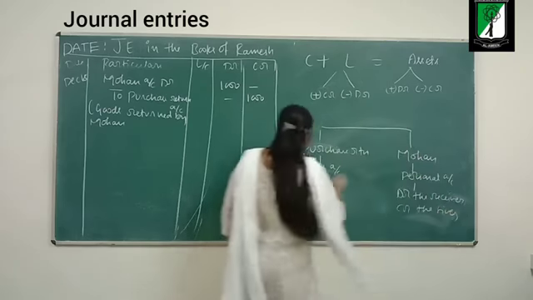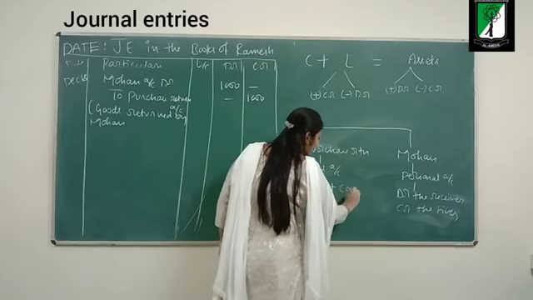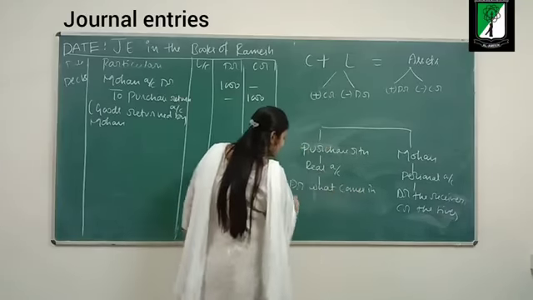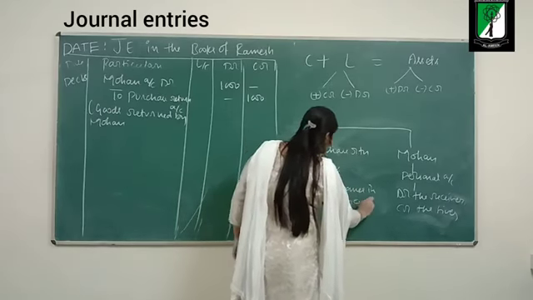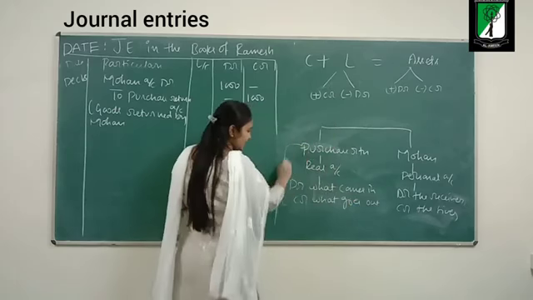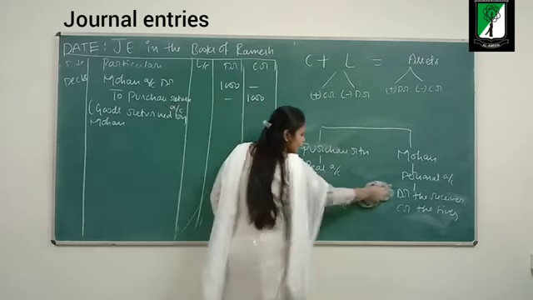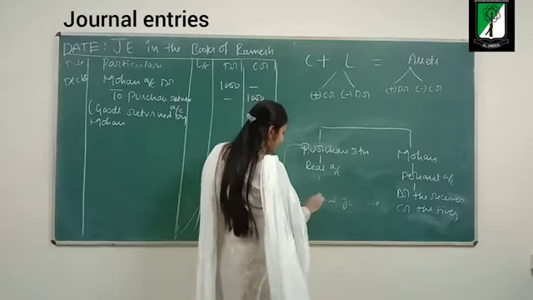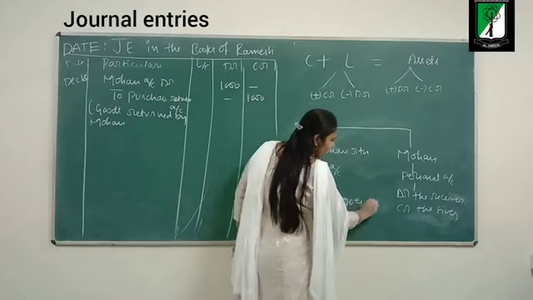And here the real account rule is debit what comes in, credit what goes out. So what is happening to my purchases? You are returning goods, so it is going out. So I will consider credit from here: credit what goes out.